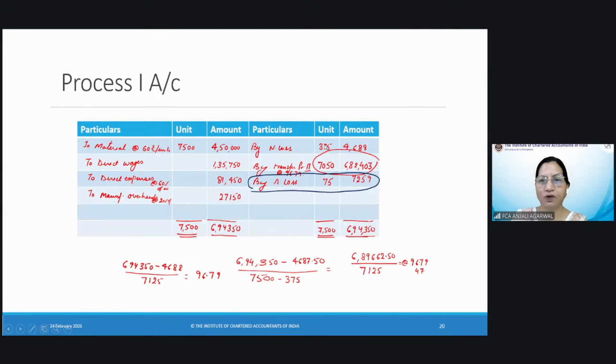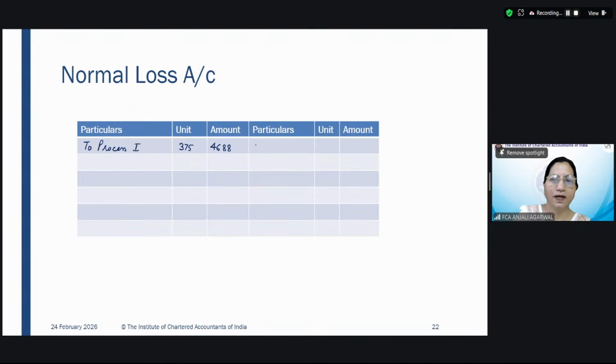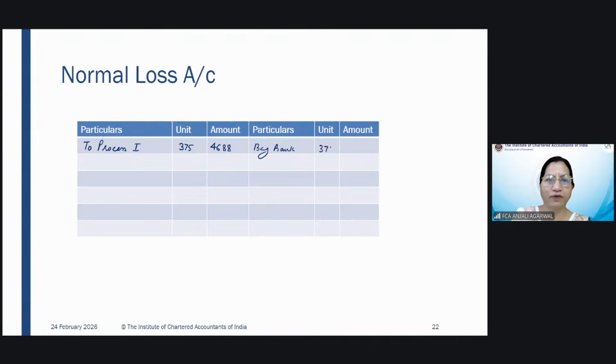In process one, we also had a normal loss, 375 units valued at 4688, to process one. And these are sold, so by bank, 375 units, 4688.